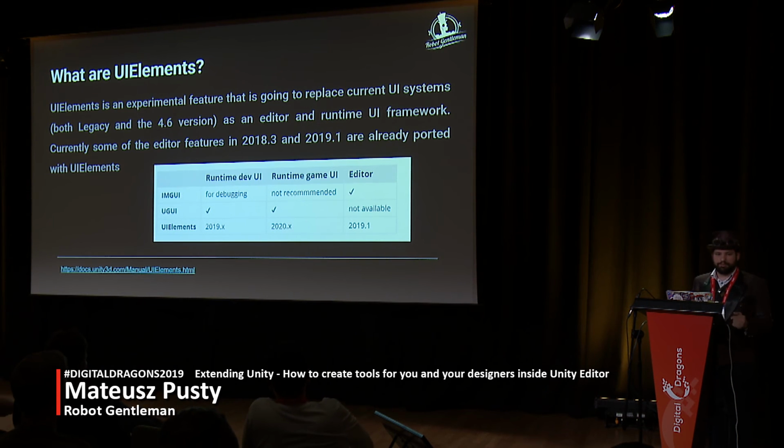The internal Unity teams are working on porting this. And since 2019.1, we can use it as well in our own code. And in 2020, there is the schedule to release it for runtime GUI that the player sees when they play our game as well.